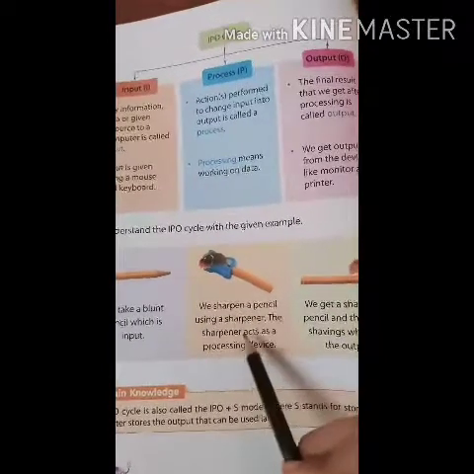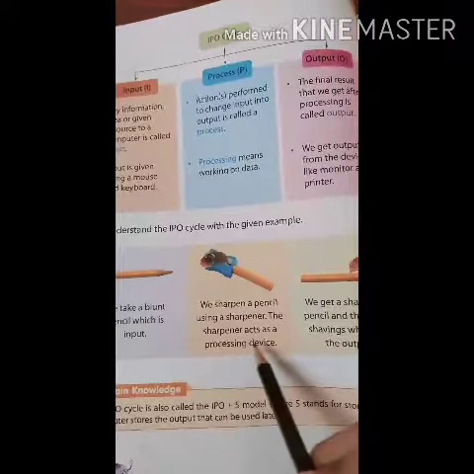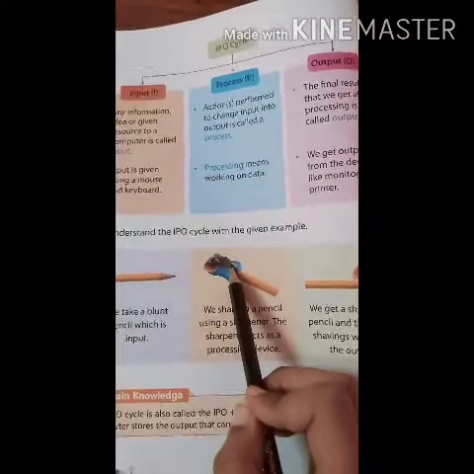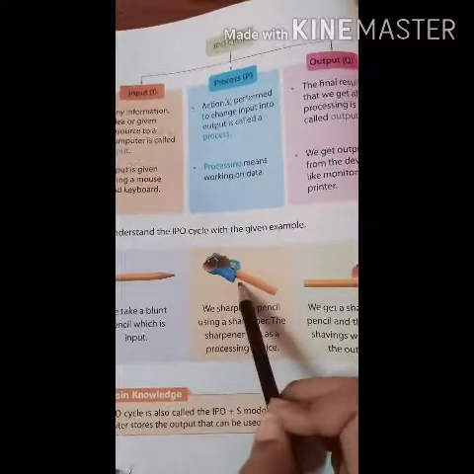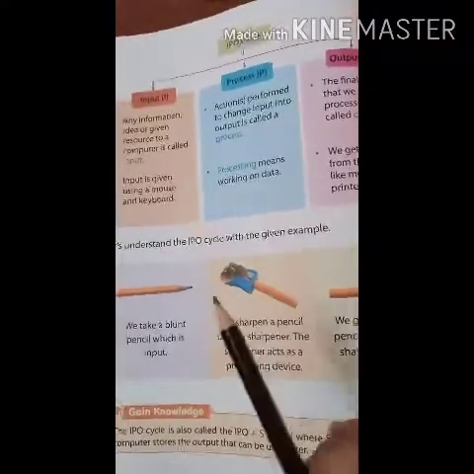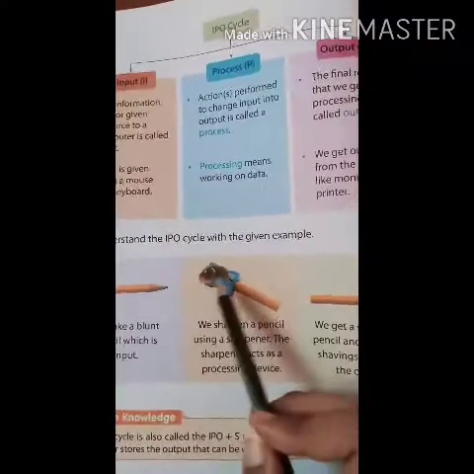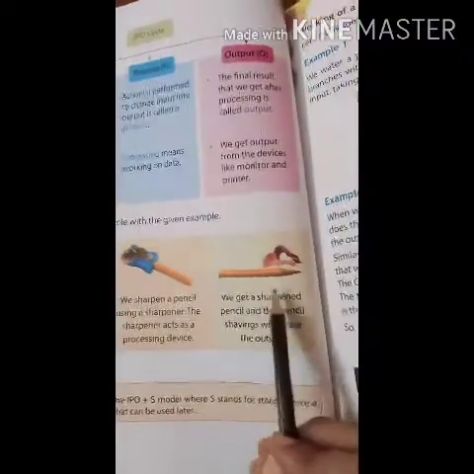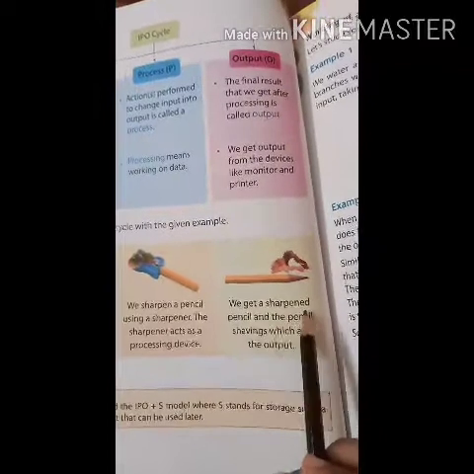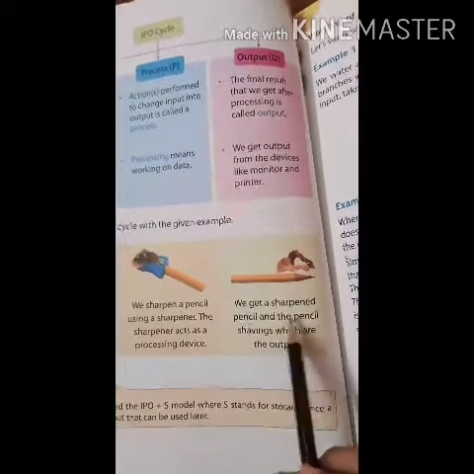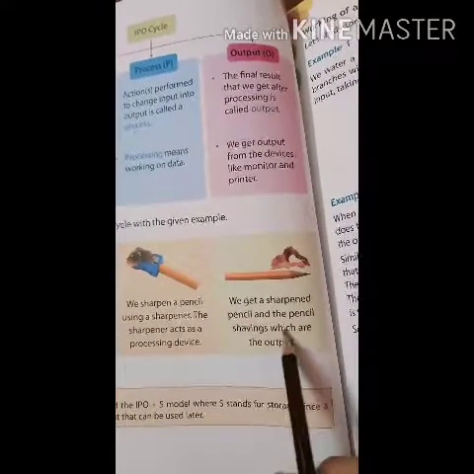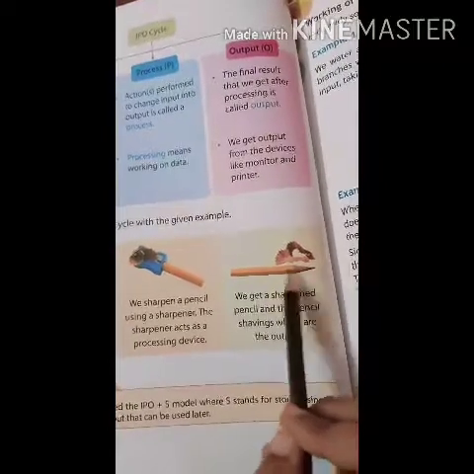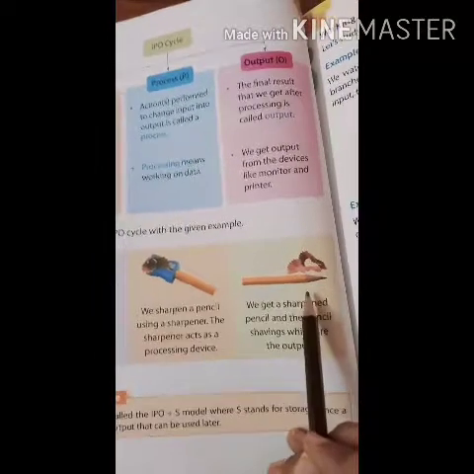The sharpener acts as a processing device. Because हम blunt pencil को जब sharpener में डालेंगे और इसको sharp करेंगे तो आप देखो ये process हो रहा है और final result we get a sharpened pencil and the pencil shavings, which are the output.